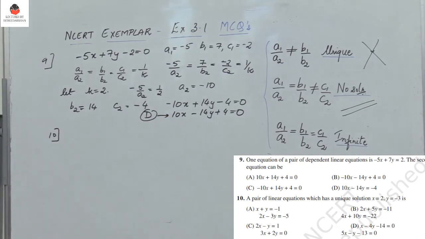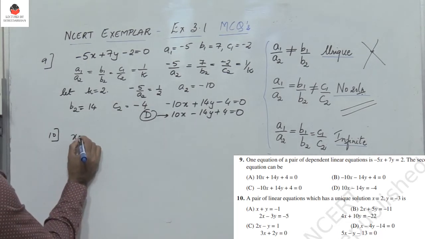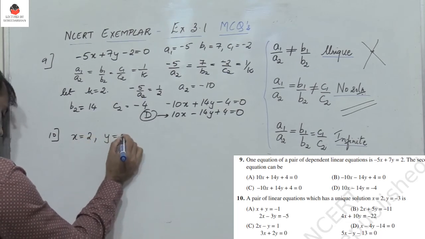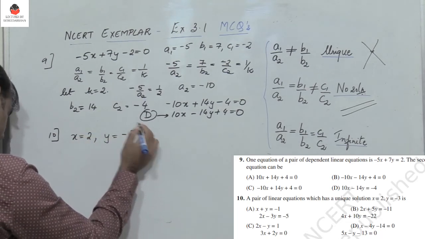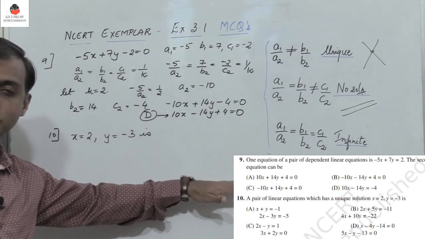10th one, a pair of linear equations which has a unique solution for x equal to 2 and y equal to minus 3 is. So now to check if x equal to 2 and y equals minus 3 is a unique solution, we have to substitute the value of x and y in all the four options and check.